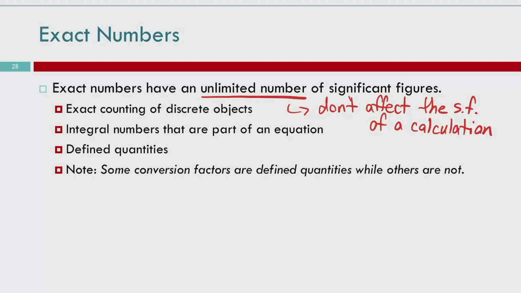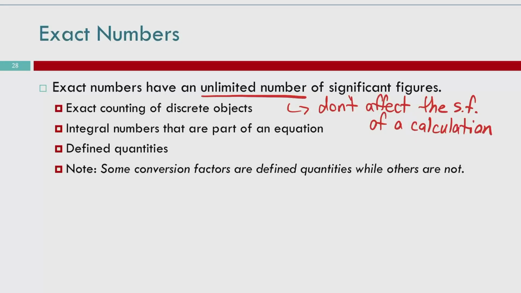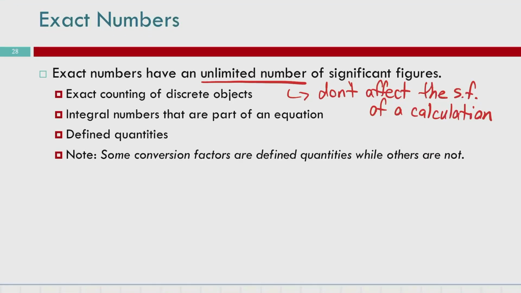So for exact counting of discrete objects, which is things like nickels, people, dollar bills, stuff that's got clear boundaries, even if you rip the corner off a dollar bill, it's still worth $1. If you can count it on your fingers, that's going to count.